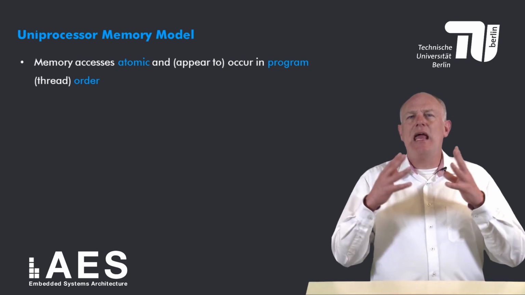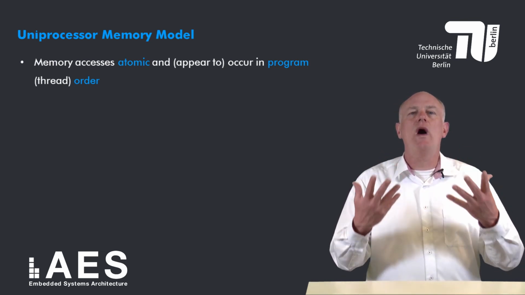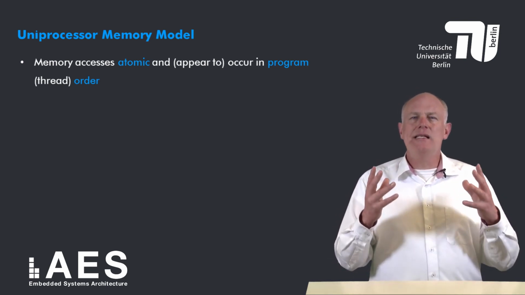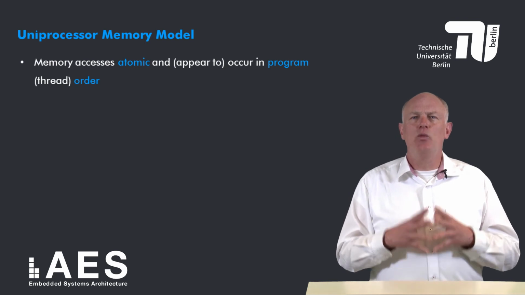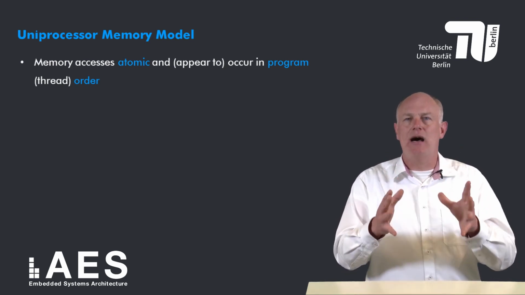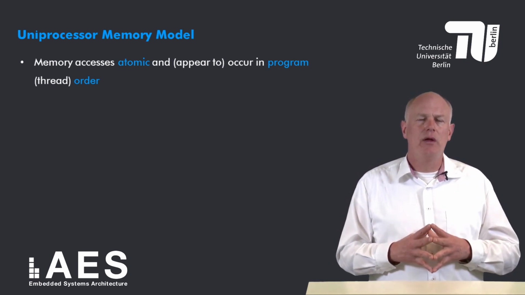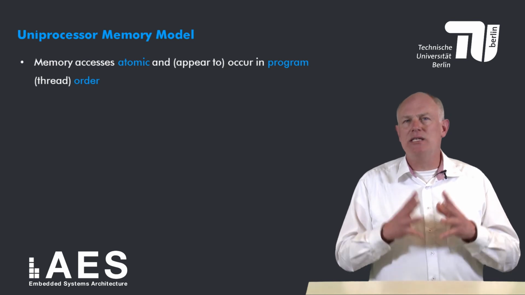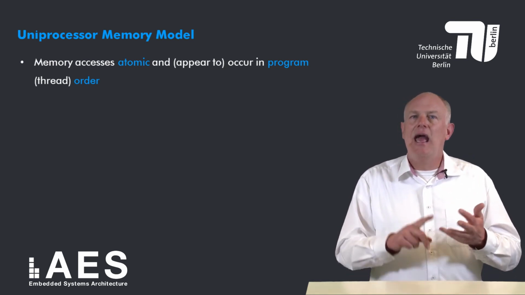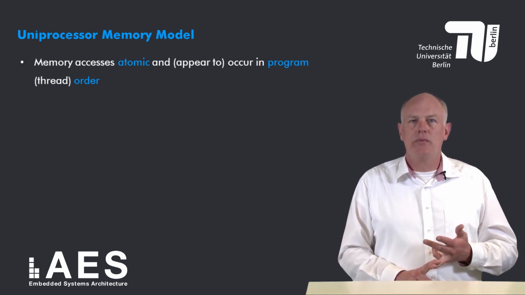Before we consider a parallel memory model, let's try to define the sequential or uniprocessor memory model. What is the implicit assumption we make about the order of reads and writes when we design or program a sequential uniprocessor? The uniprocessor memory model is: memory accesses are atomic and occur in the order specified by the program.